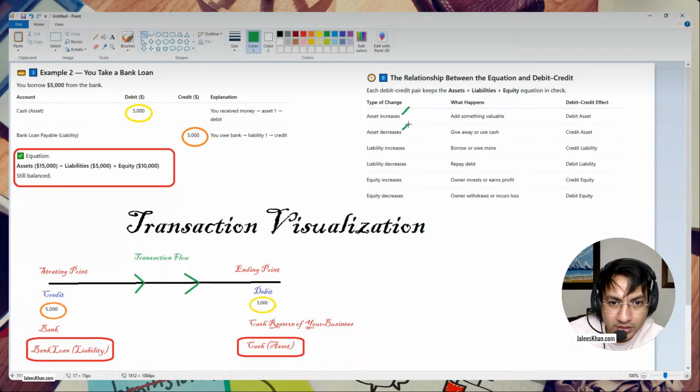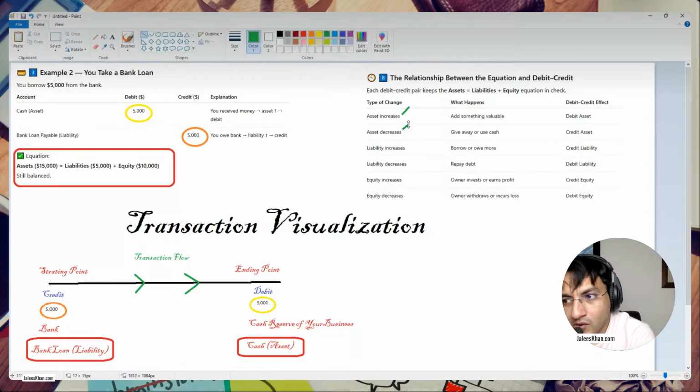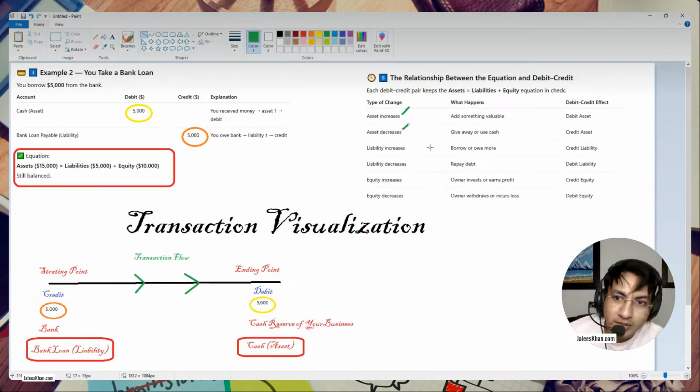Debit increases, so it's the start. It is giving away the money, so that number is going to come under the credit column. But that will not confuse you.